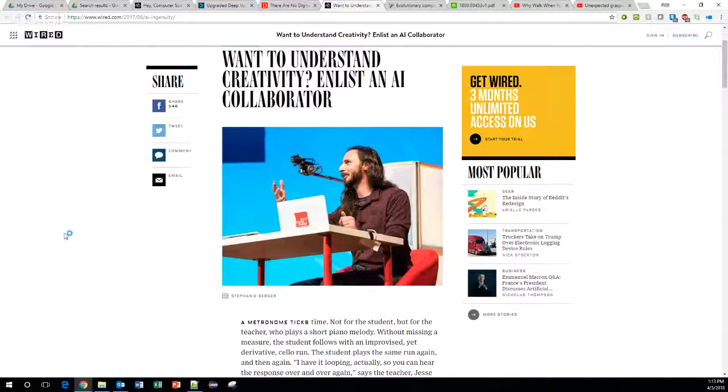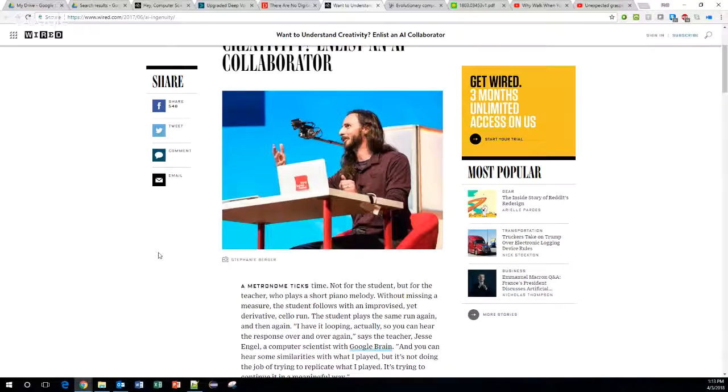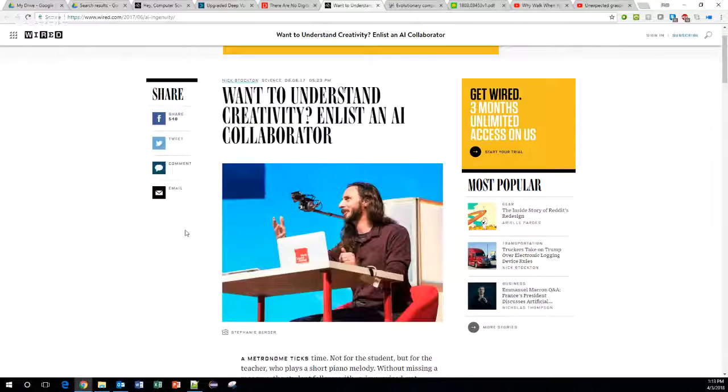And then here's another article that I ran across that I think is a step beyond these other articles, but still in the same vein. This is a researcher from Google with Google's Brain Project. And this is a picture of him giving a presentation where he's demonstrating teaching a computer to create music in the style of Bach.